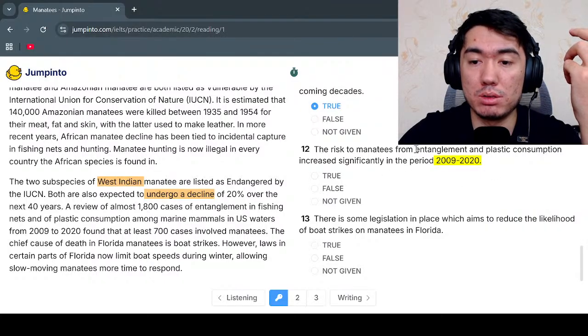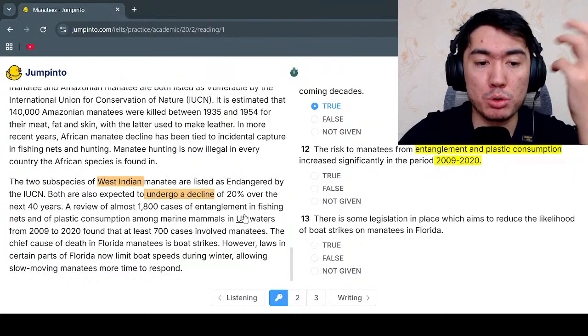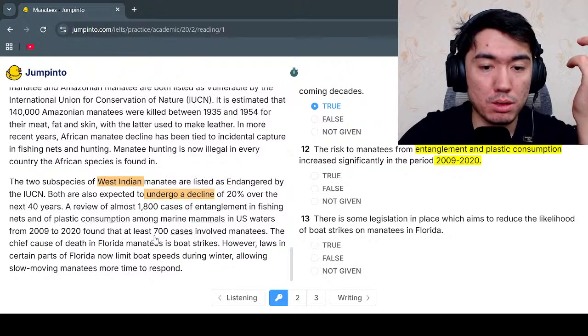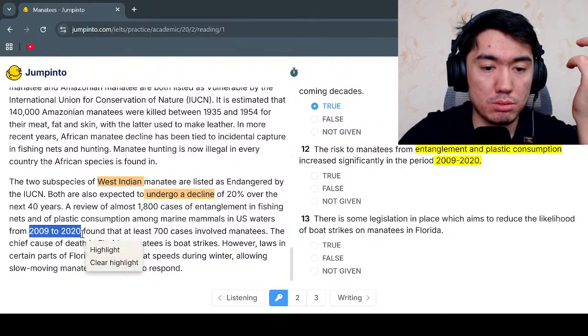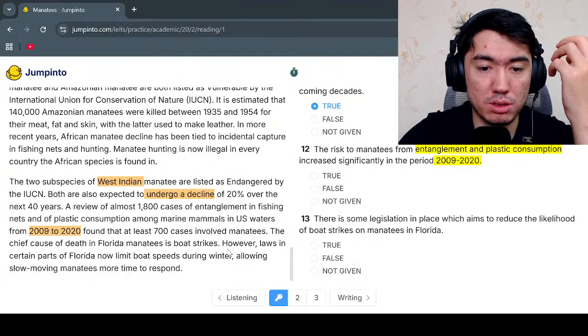The risk to manatees from entanglement and plastic consumption increased significantly in this period. Yes, so these are the threats to their survival. Have these threats become more serious? This is the location keyword. Entanglement and plastic consumption memos from 2002 found that at least involved manatees. The chief cause of death.